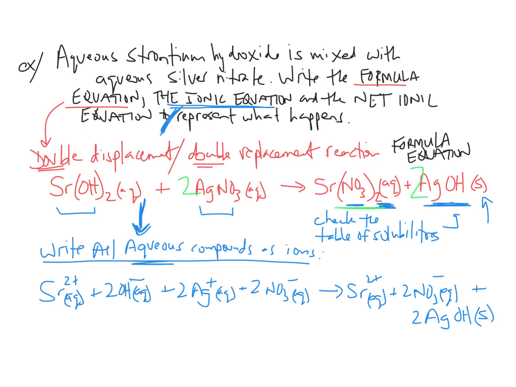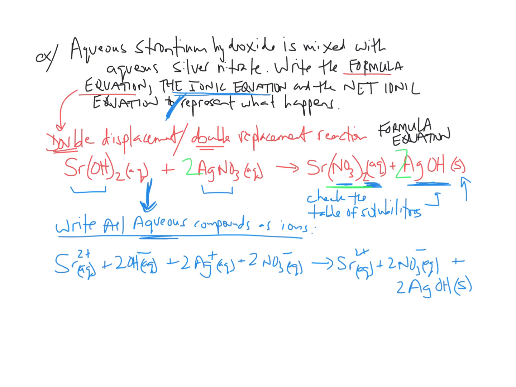So this is called the ionic equation. Or sometimes it's called the total ionic equation or the gross ionic equation, whatever. And you're like, yeah, it's gross, all right.